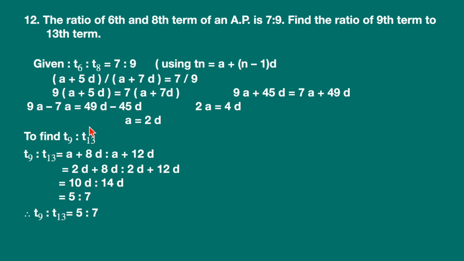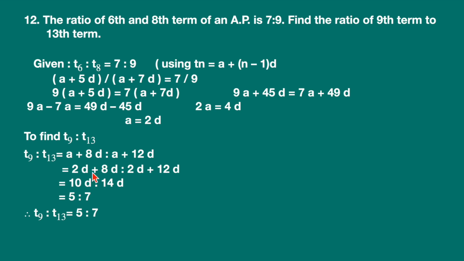Now let us find the ratio of 9th term to 13th term. That is, you want T9 is to T13. You know what is T9? a plus 8d. The same formula you're going to use. a plus 8d is to a plus 12d. T13 means a plus 13 minus 1, that is 12d. Now in place of a, you substitute a is equal to 2d.